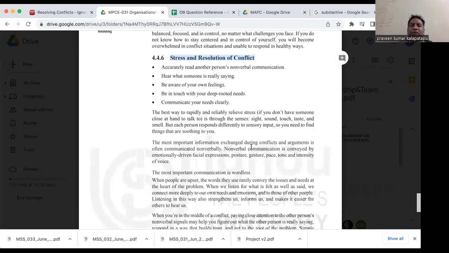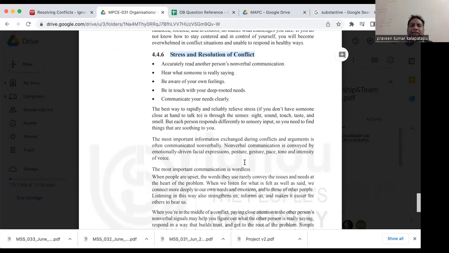Okay. So the most important thing to actually relieve the conflict is communication, and communication can be exchanged in various ways. It can be verbal, it can be non-verbal.